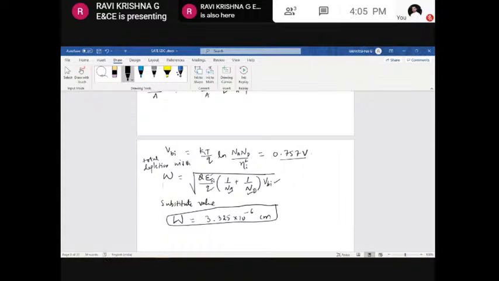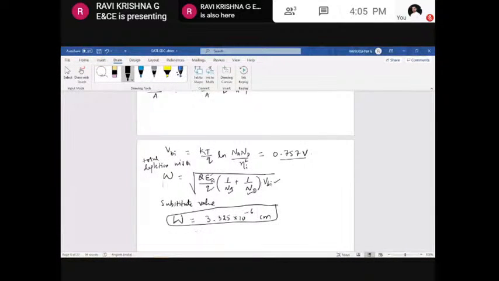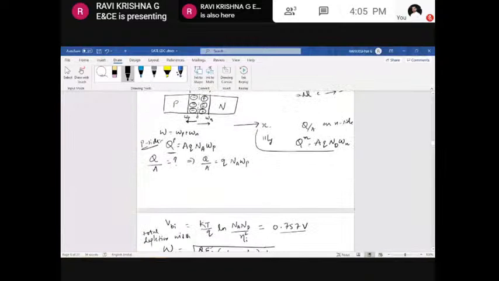But actually what we have to calculate is the charge per unit area on the P side semiconducting region, that is Q by A. In order to calculate this charge over area, we know the value of Q, we know the acceptor concentration, but we don't know the value of this WP. How do we calculate this WP?